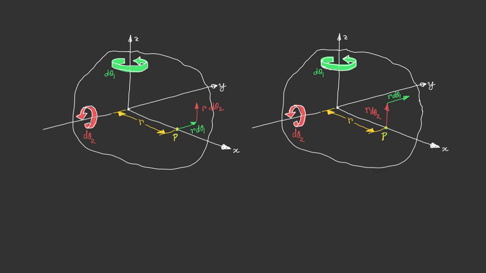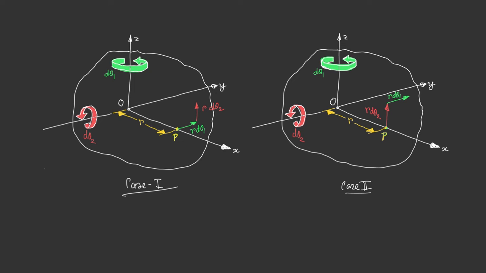Now let us see this for infinitesimally small angles, for a rigid body. Here this is case 1, and to the side it is case 2. In case 1, first you rotate by a small angle d theta 1 about the z axis, where O is the origin of the coordinate system.